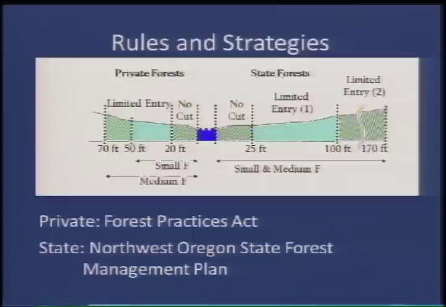And so if entry does occur here, it is to, in a sense, release stands that are too dense and grow some larger trees. The second, though, is much more like private forests. From 100 feet to 170 feet, it's once again a basal area and number of tree retention in that zone. If those are met, then the other trees may be felled.